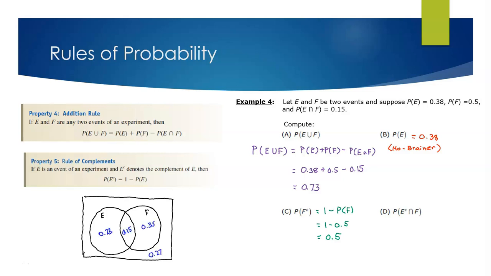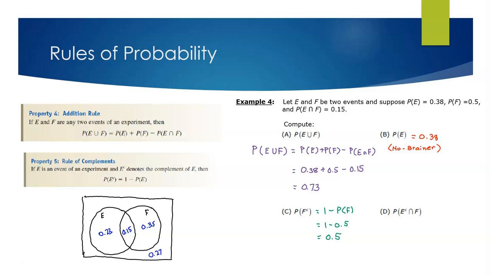Now I'm putting the probabilities in here. I know the probability for E and F is 0.15. I know that the probability of F is 0.5, so that and the 0.15 it shares with E should total 0.5, which means that the probability of being only in F is 0.35.